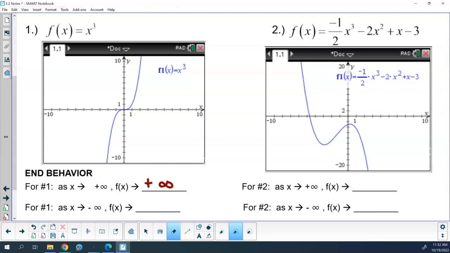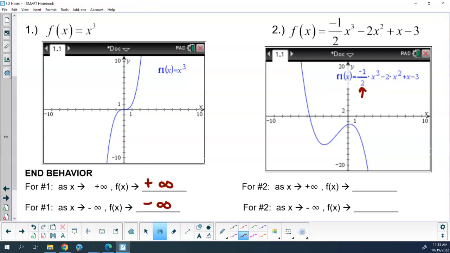On the other side, the left side, as x is going to negative infinity, my function is headed down, so that means it's going to negative infinity there. Now, the difference between 1 and 2, they're both an odd degree, but number 2 has a negative lead coefficient.